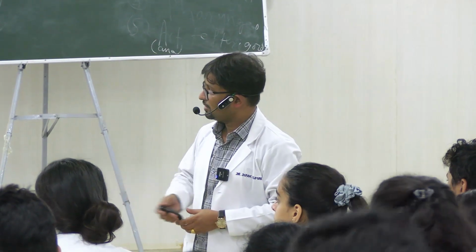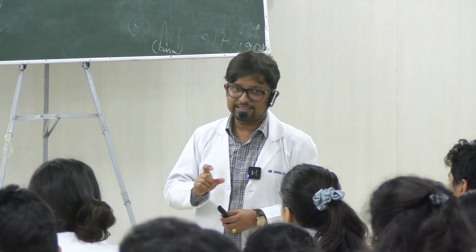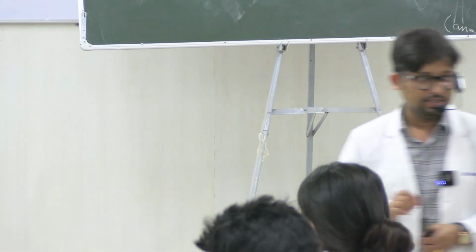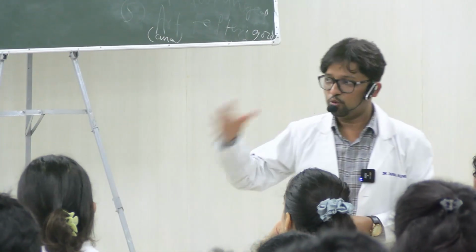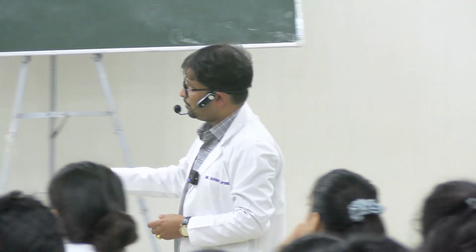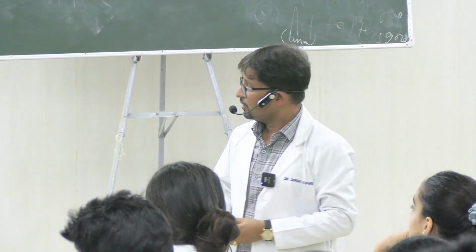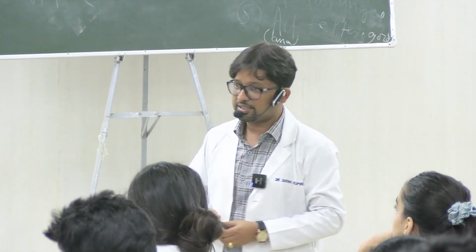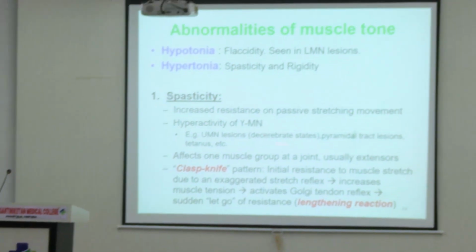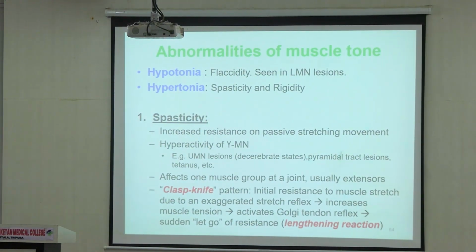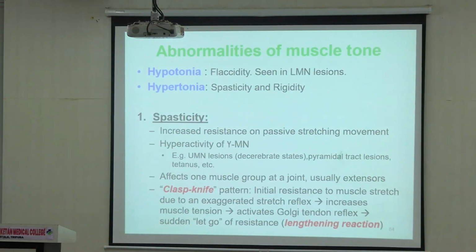Now coming to spasticity. Spasticity and rigidity both are forms of hypertonia. We use the word spasticity when this abnormal tone or hypertonia is because of hyperactivity of gamma motor neurons, right? So in UMN lesions or upper motor neuron lesions where pyramidal tracts are affected, we usually get hypertonia manifesting in the form of spasticity, right?